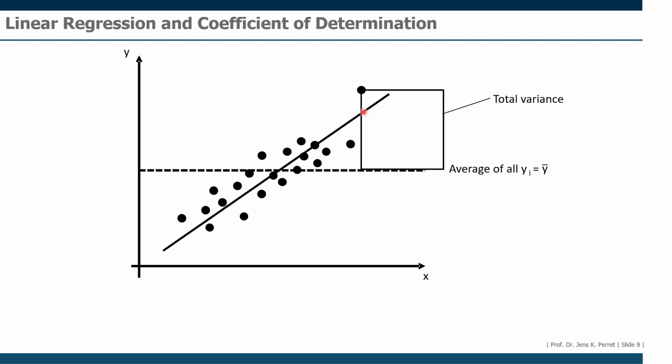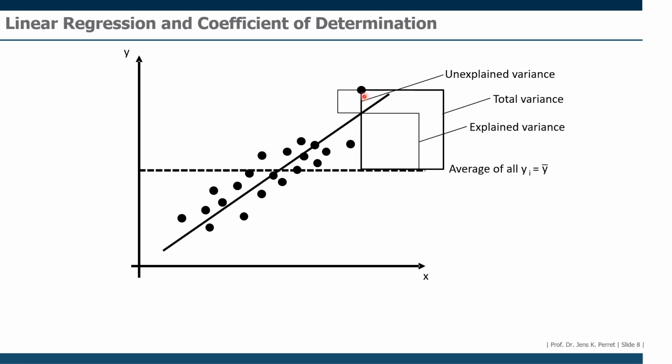But at this point, we do not actually have all this which we cannot explain, because our regression line already shortened the part which we cannot explain to this small area up here. So we can explain quite a lot of the actual variance by simply using the value from our regression line.